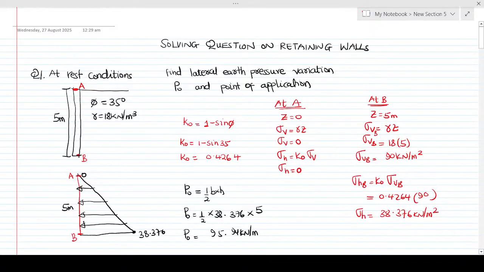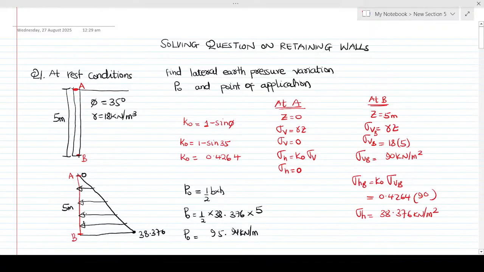Right? It's kilonewton per meter because this is in kilonewton per meter squared and this is meter, so one of the meters cancels, leaving kilonewton per meter.